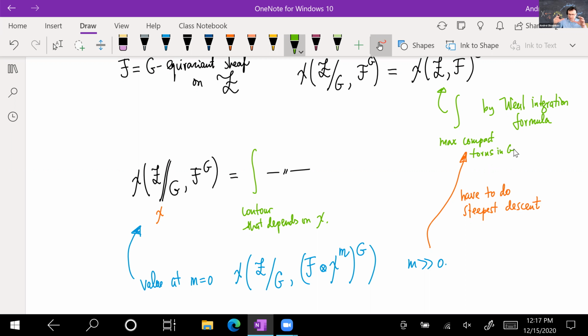So there's some real cycle which you generate, but now you have an integral, which you have to analytically continue in m. How do you do that? You use steepest descent, and then this means you change the contour, and the steepest descent will reflect on the change of the cycle here.